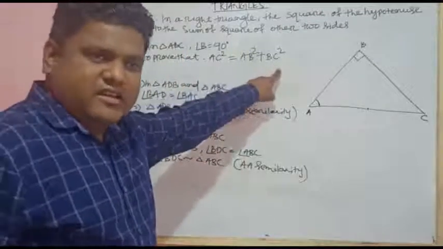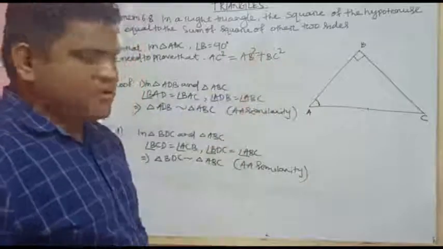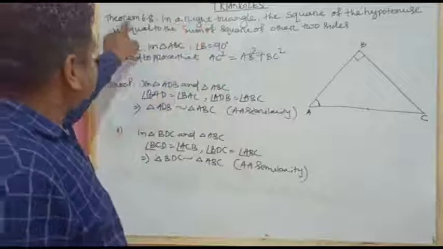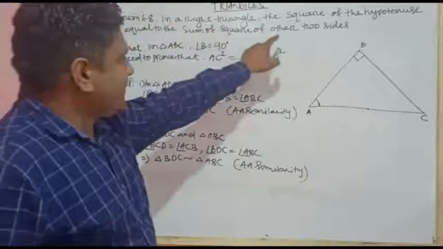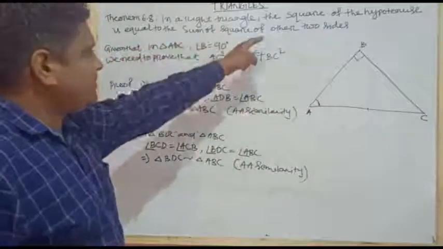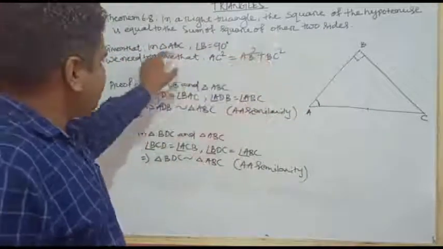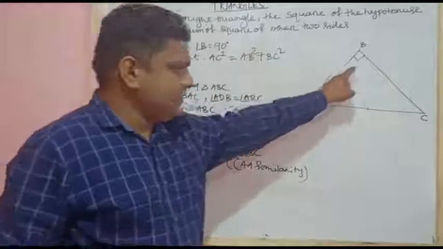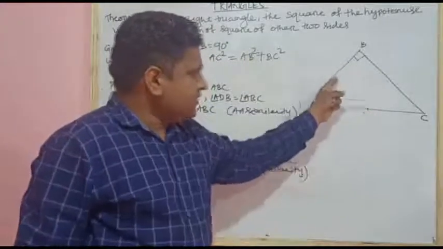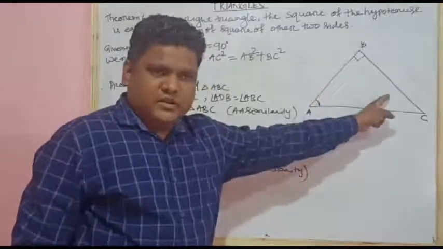We have already used it so many times to solve geometrical problems. Once again, see this theorem 6.8: in a right triangle the square of the hypotenuse is equal to the sum of the squares of the other two sides. In triangle ABC, angle B is 90 degrees. We have taken it, and we have to prove AC square equals AB square plus BC square.